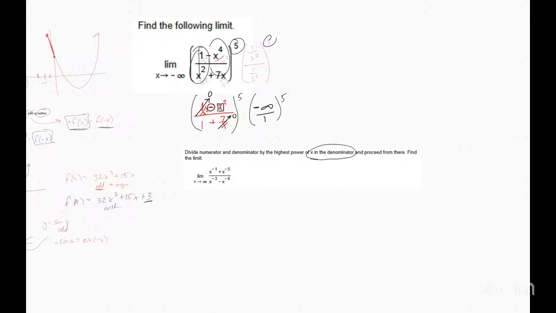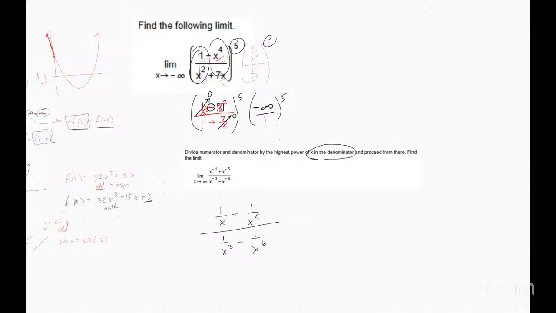This is tricky though because it's all negative. I don't know if that's how I would do this problem. Let me see this problem real quick. I would be tempted, instead of dividing by the powers, to multiply, because of the way this problem is set up.